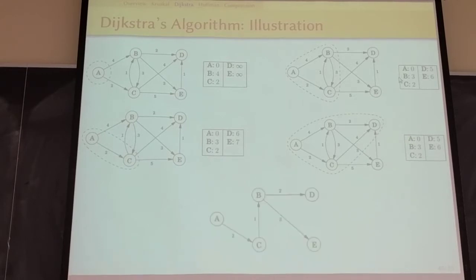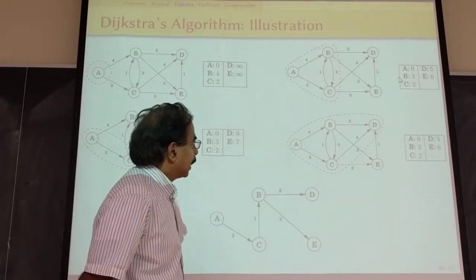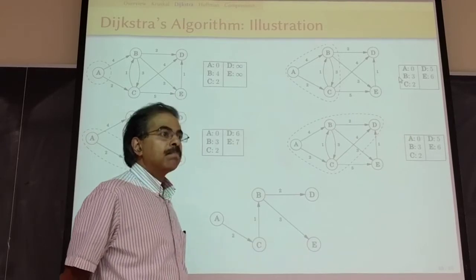Professor, this is the example that you mentioned, that if there is some vertex that we don't explore, then if we don't consider it, it is fine because an edge from E to D will only be more than, we already know that D is 5, so there's no need to explore E. Right, because any edge from E will only add.